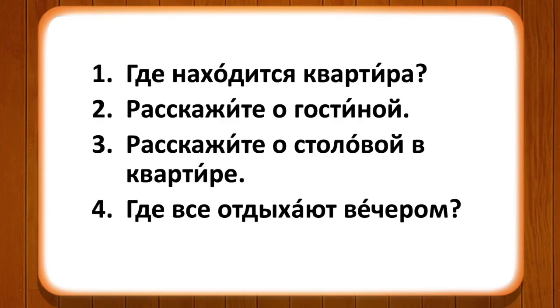The second one is расскажите о гостиной. So, narrate about the living room. If you remember, in the living room there are many things, comfortable armchairs, small tables. So, you can talk about this in this question.